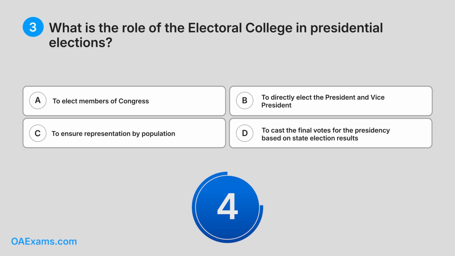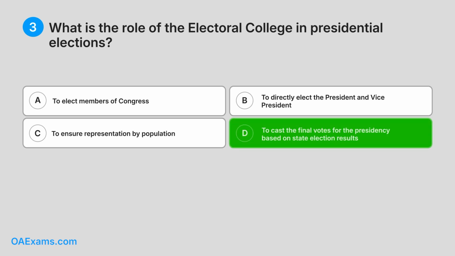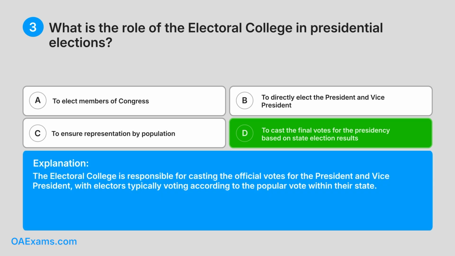Can you guess the answer? Correct answer: D. To cast the final votes for the presidency based on state election results. Explanation: The Electoral College is responsible for casting the official votes for the president and vice president, with electors typically voting according to the popular vote within their state.